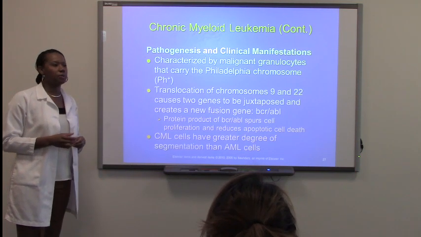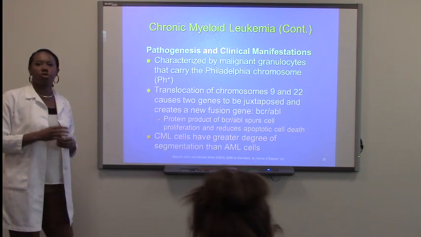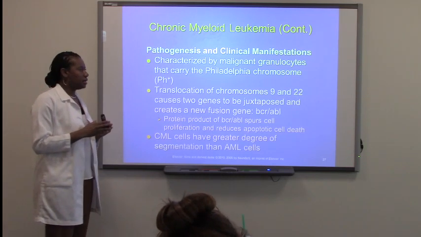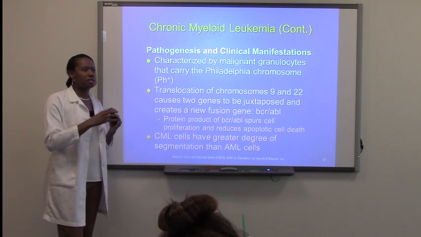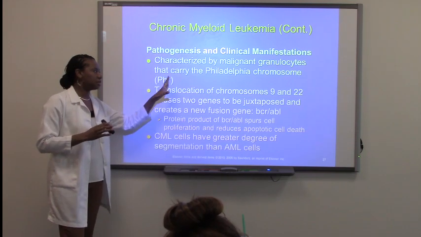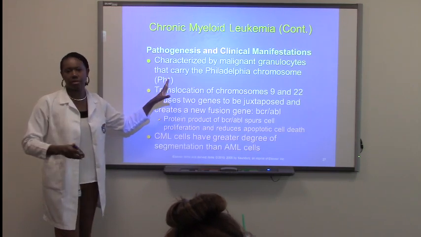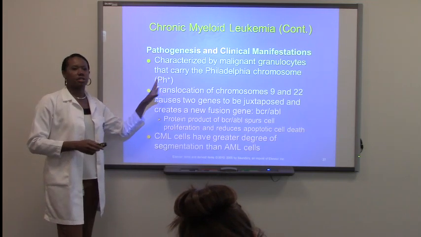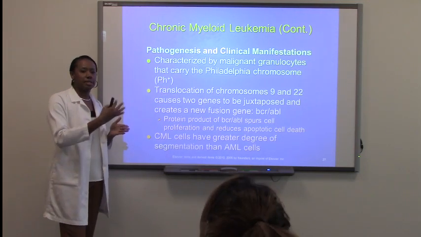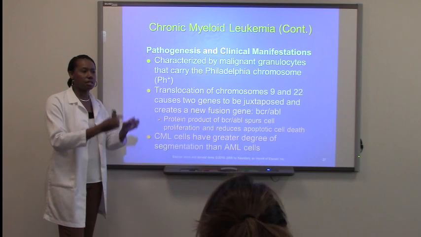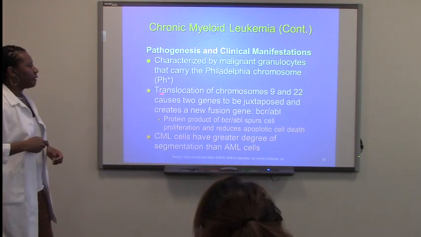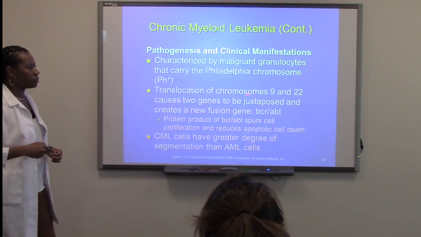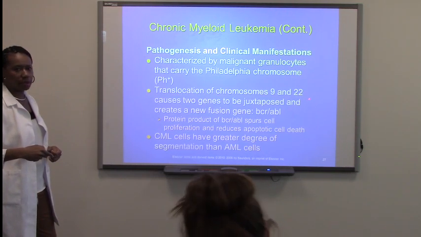You're probably wondering what that is. The Philadelphia chromosome is actually a mutated gene that a scientist from Philadelphia discovered, and that's the reason why it's called Philadelphia. He discovered this particular gene in these individuals that have CML. And basically what happens is that they have a translocation of chromosomes 9 and 22.